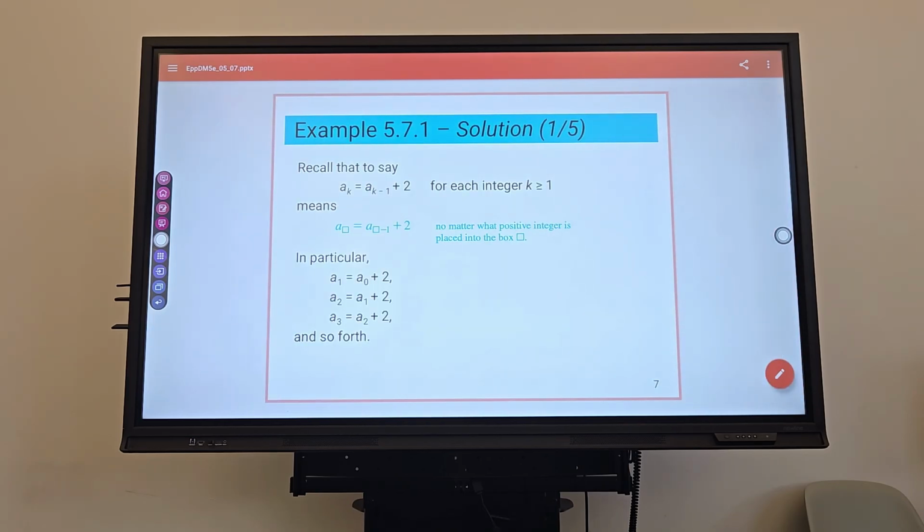Well, recall that to say that the definition means that no matter what positive integer is placed in the box, you can get the values of the relation, elements of the relation or sequence.